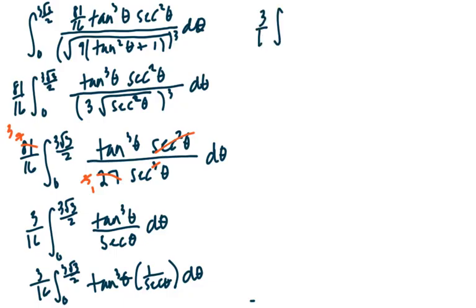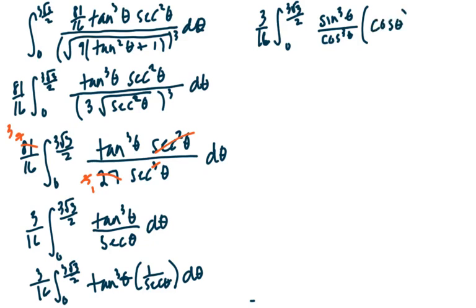So we have 3 over 16, 0, 3 square root of 3 over 2. Now, secant theta, let's put them in terms of sine and cosine. So here, tangent third becomes sine to the third theta over cosine to the third theta. And then secant is the reciprocal of cosine.